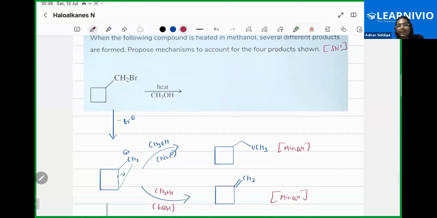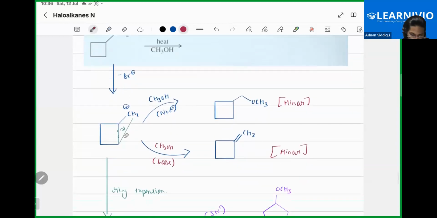So the first step for SN1 reaction is what? Formation of carbocation. You will get your carbocation like this. Now this is a 1 degree carbocation and it is highly unstable, so we will observe ring expansion.